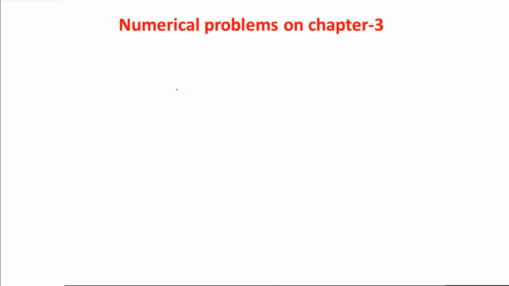I'll just draw the figure. So the figure is this. These problems are actually based on Kirchhoff's law in the third chapter. So suppose this is cell E1, and it has EMF 2 volt.